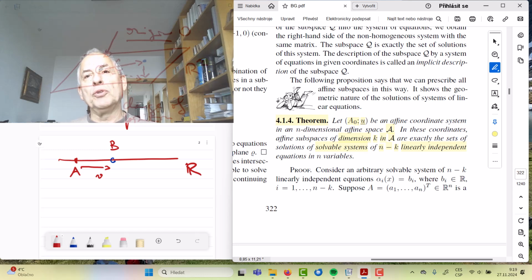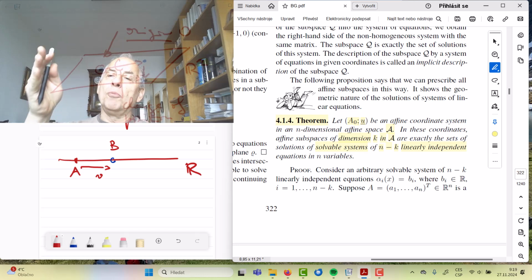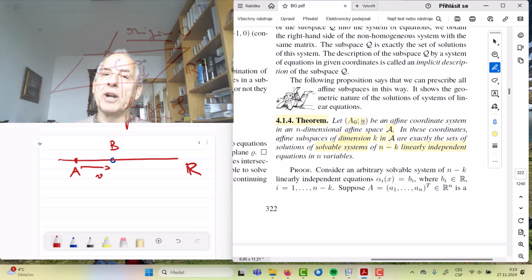That corresponds to the fact that you can always find all the solutions by taking one particular solution of the given system with the non-zero right-hand side in general, and this will be one point in our solution space, and then you add the solution of the homogenized system, so with 0 on the right-hand side, and that's exactly the modeling or difference space for the space of the solution. And again, we can come back to what I was telling in the very beginning.